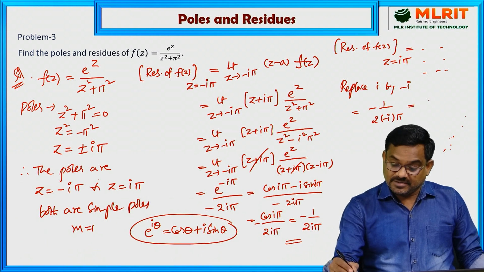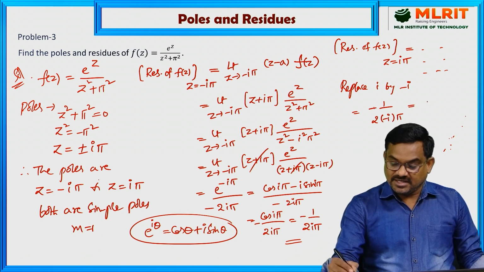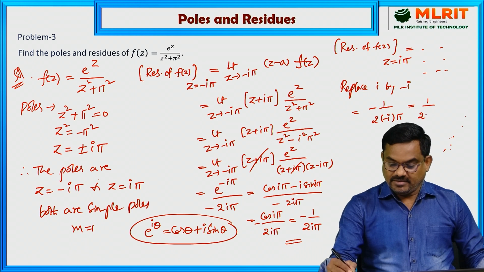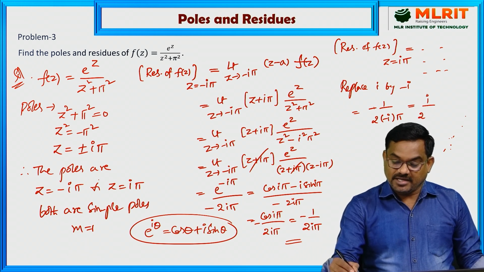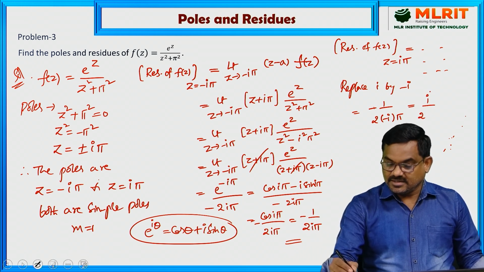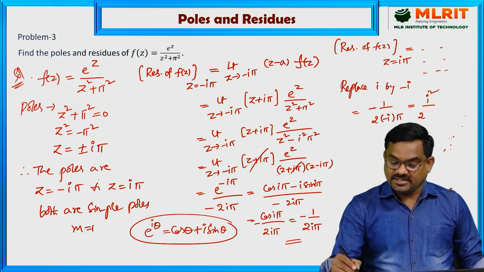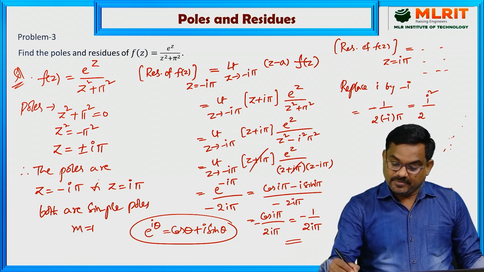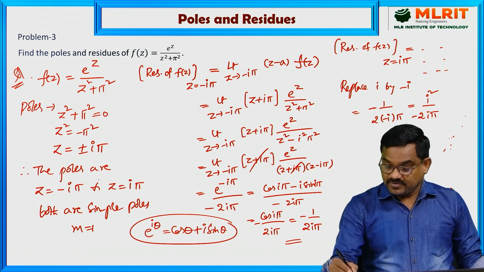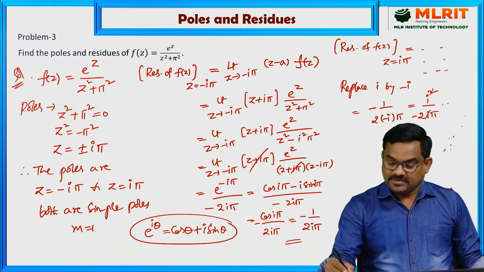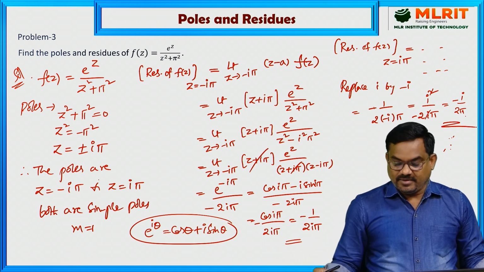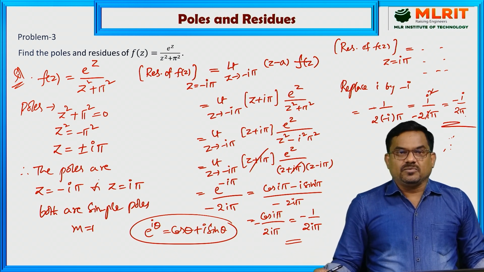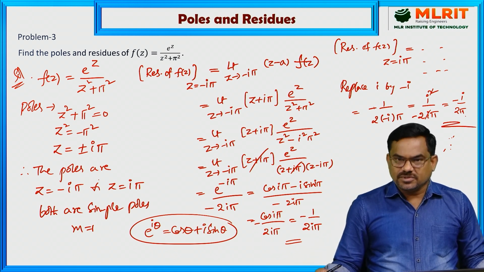This minus gets cancelled, or this minus 1 can be written as i square, minus 1 is i square into minus 2i pi. So this i gets cancelled, so minus i by 2 pi. So like this, we find the poles and residues of the given function.